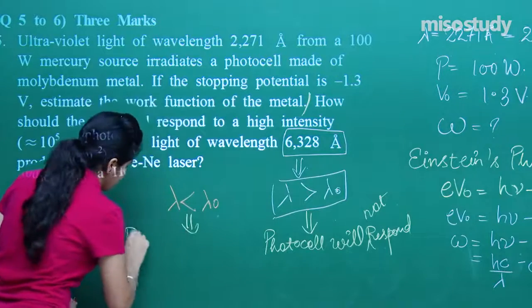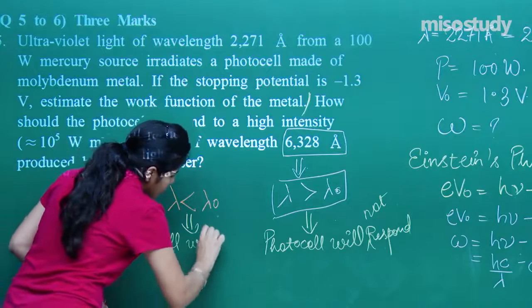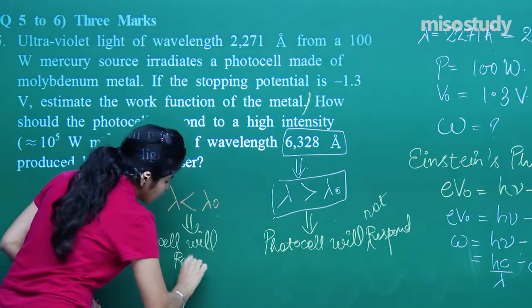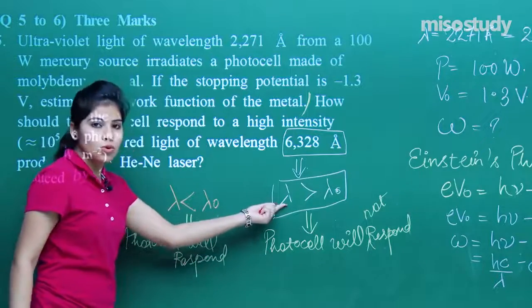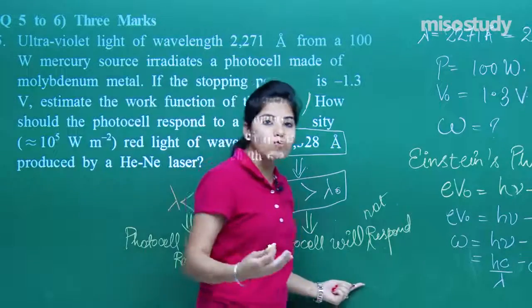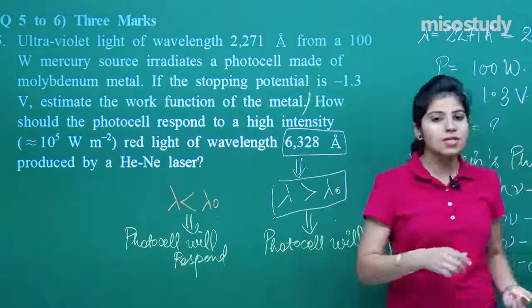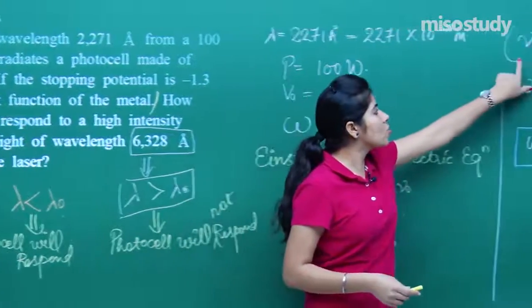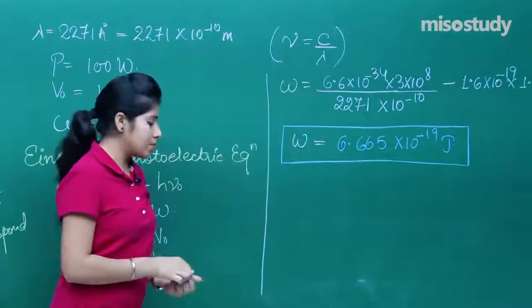This is just opposite to the threshold frequency, because for threshold frequency, only when nu is greater than nu naught will the emission take place. In case of wavelength it is just opposite, because we have the relation nu equals c by lambda, that means nu is inversely proportional to lambda.